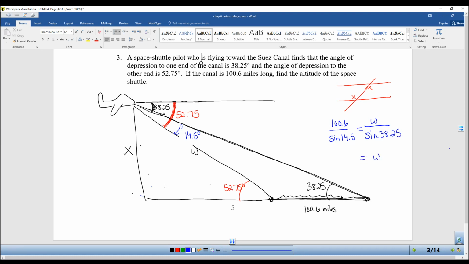So I multiply both sides by sine of 38.25 times 100.6 divided by sine of 14.5, and I get 248.745. So that's this right here.